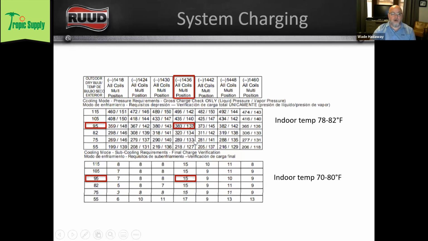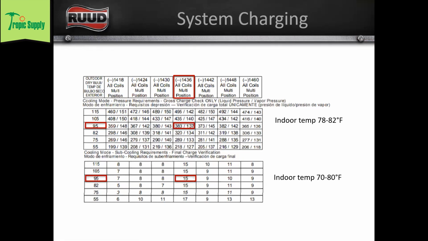So this is just sort of a heads up. This is where you ought to be, but this is what you're going to charge to. You're not going to pick one or the other. You're ultimately going to charge to this. This is just maybe your step one. I hope that answers your question.